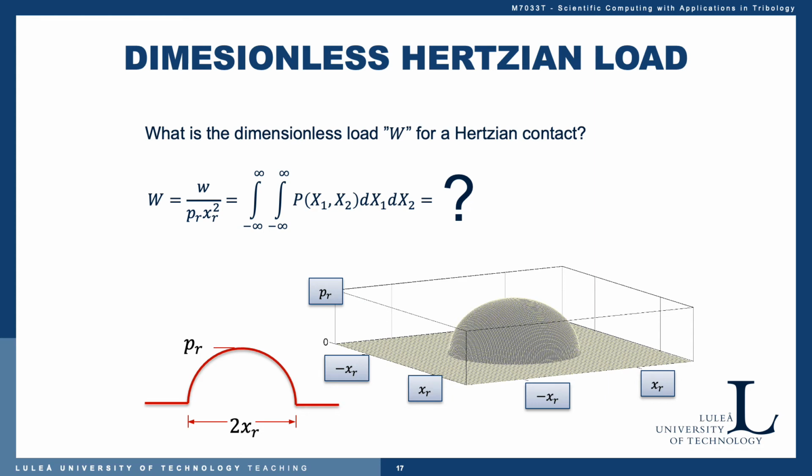We have actually implicitly now seen what the dimensionless load, which we can call capital W, for a Hertzian contact is. The question is, can you figure that out yourselves?